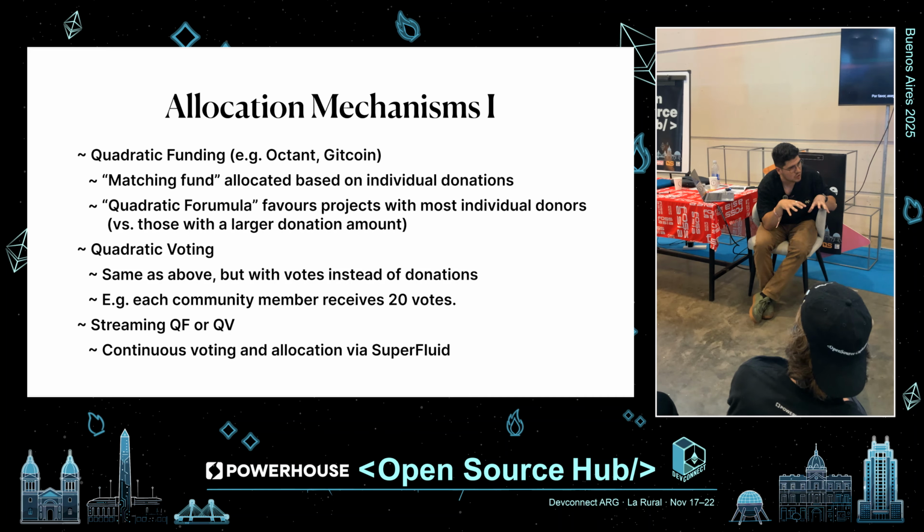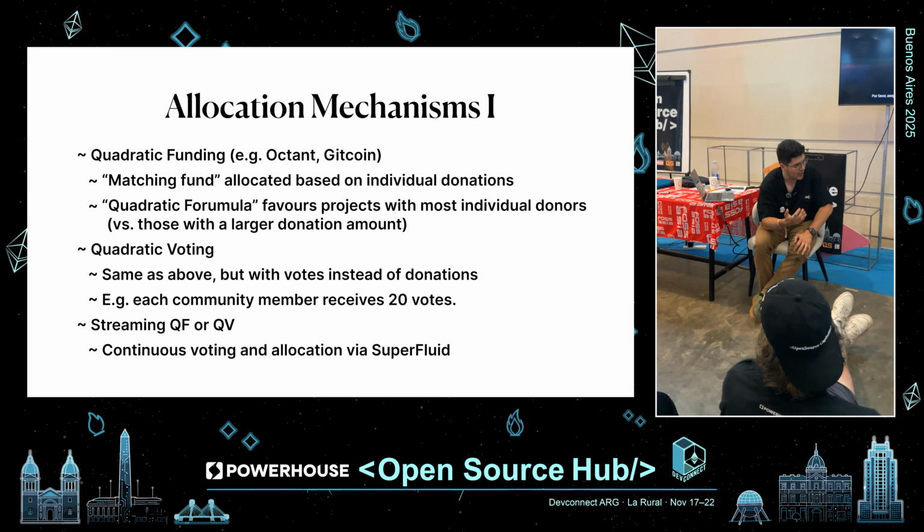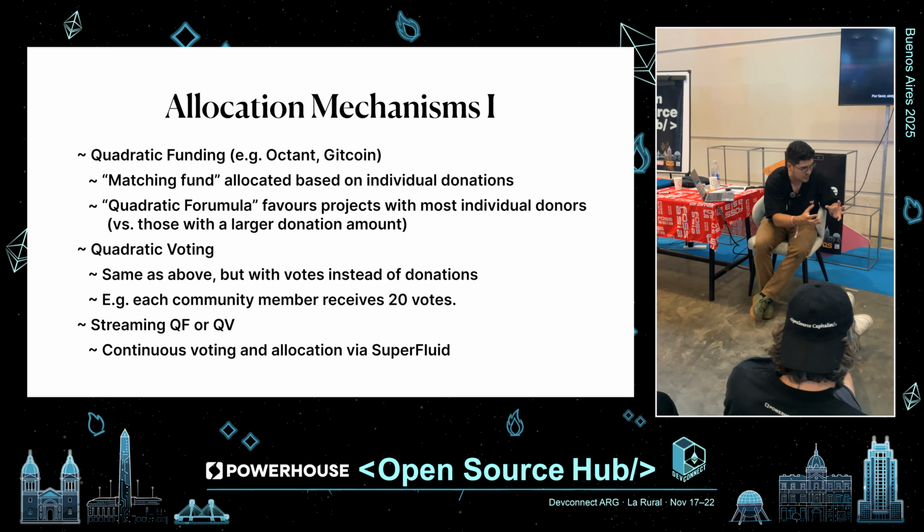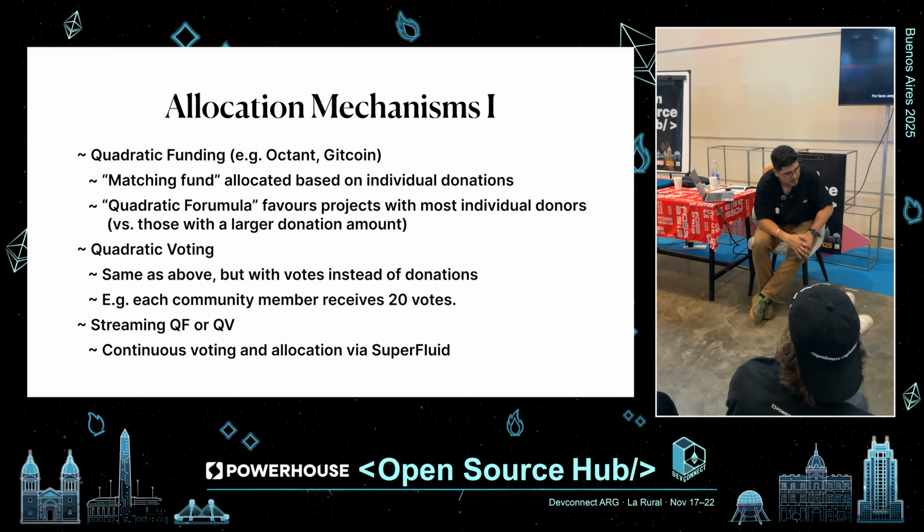So people vote on which project gets funding out of a set of projects. And the quadratic formula makes sure that if one of these individuals is extremely wealthy and wants to skew the donation flow towards one project, they cannot do that. The projects that receive funding from more people receive more funding.